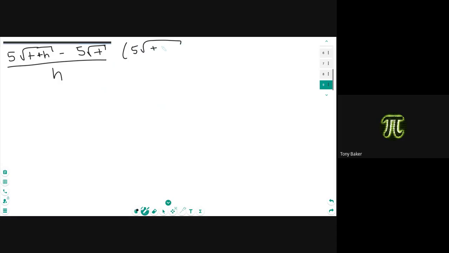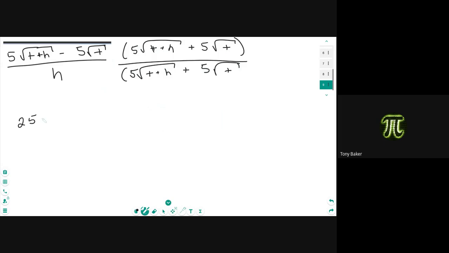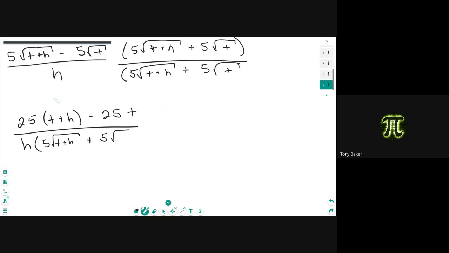Remember, multiply it by its conjugate pair. So the top comes out to be 25 T plus H minus 25 T. So the top ends up becoming just H, because the 25T and minus 25T cancels out.